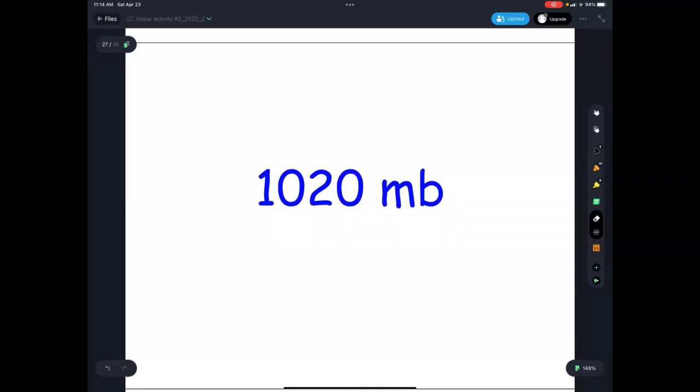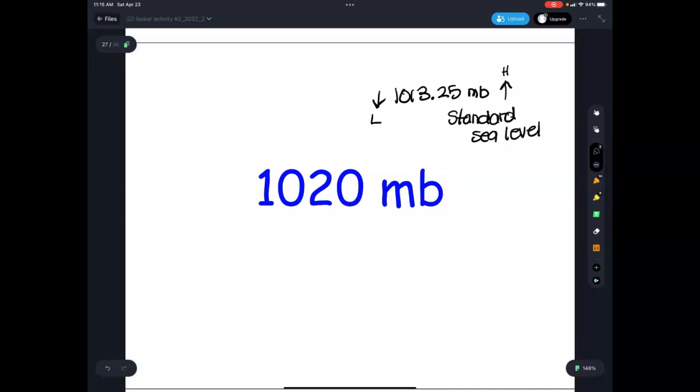Standard pressure at sea level is 1013.25 millibars. If it's higher than this, then we're working on a high pressure system. If it's lower than this, then we're working on a low pressure system. So standard pressure at sea level.